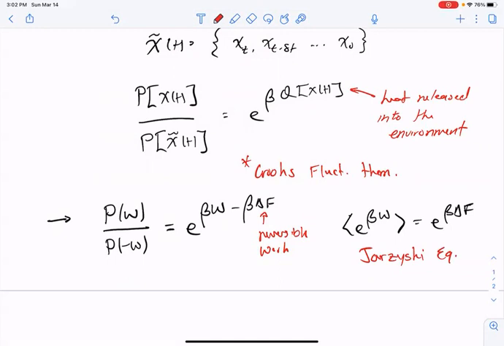That says that these fluctuations, the dynamics that may take a system arbitrarily far from equilibrium, still somehow encode equilibrium thermodynamics. That if I average those irreversible processes in the right way, I recover reversible behavior.